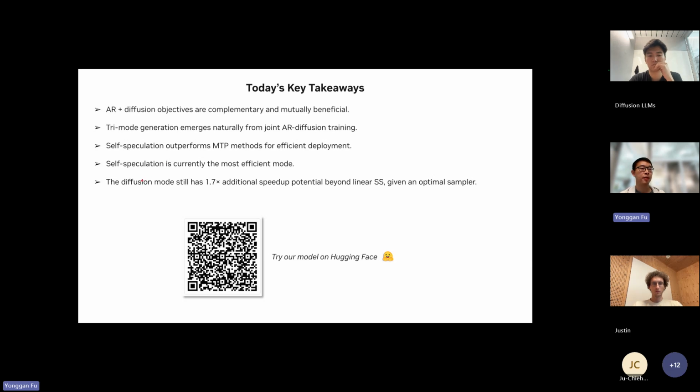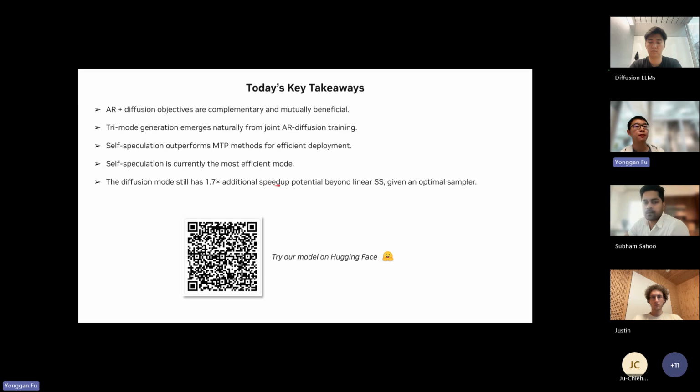And self-speculation is currently the most efficient mode, especially linear self-speculation. But quadratic self-speculation also has high promise if we have better infra and improved algorithms to reduce the per-forward cost. And the diffusion mode still has 1.x additional speedup over linear self-speculation, and to really achieve that, we need a better sampler.